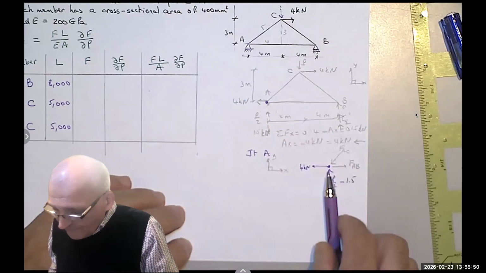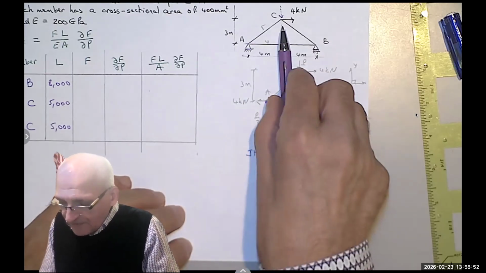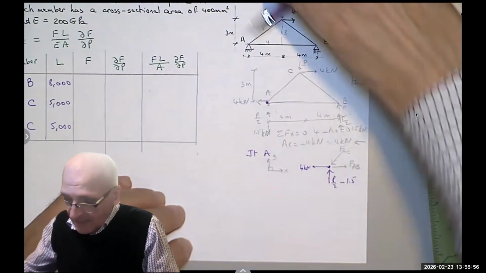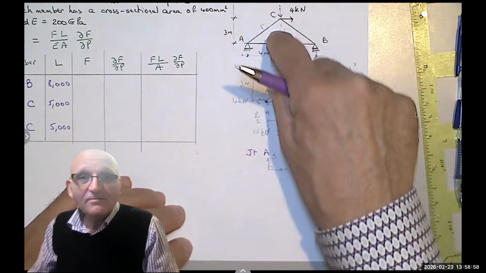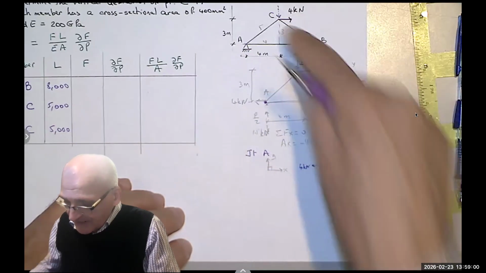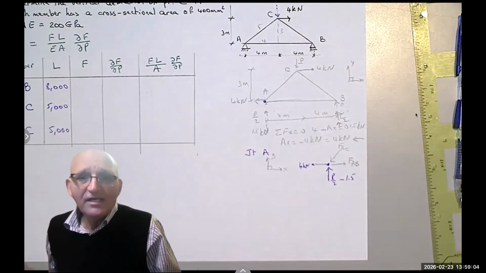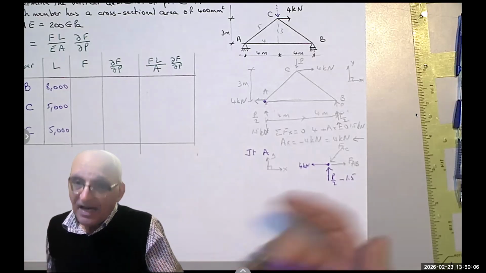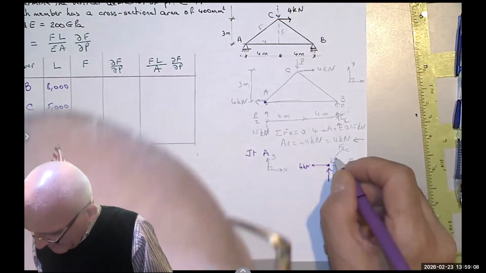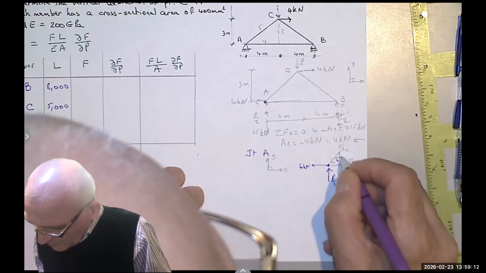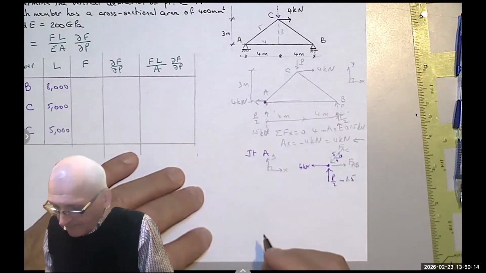The vertical force corresponds to the 3, and the inclined force corresponds to the 5. So the force in the inclined member is 5/3 the vertical one. It's that simple. You can do it right away.